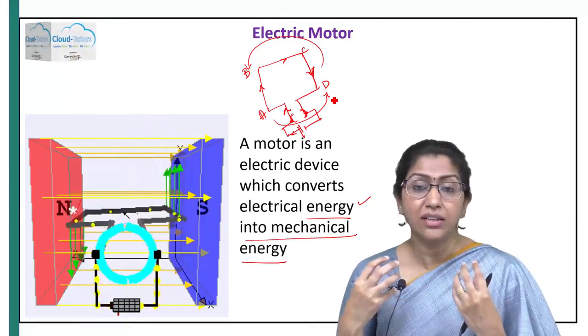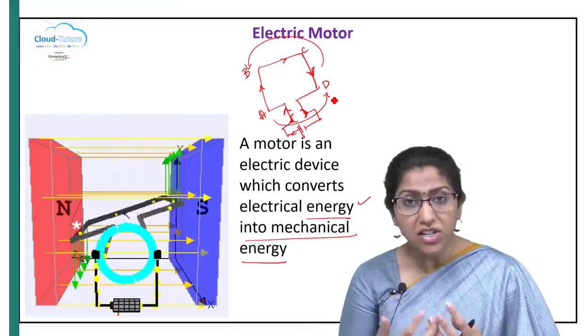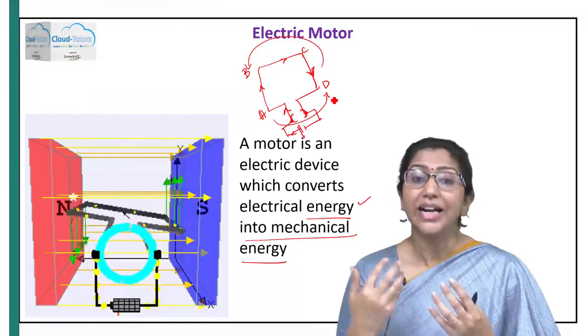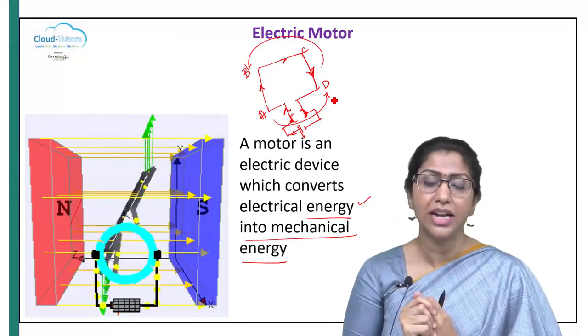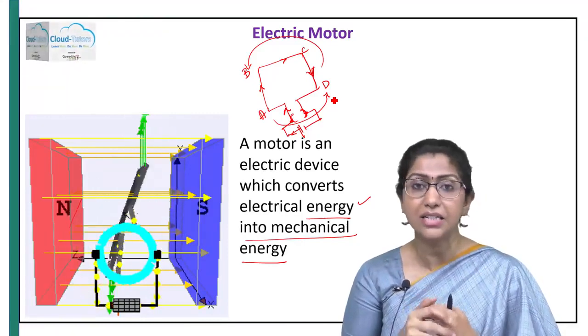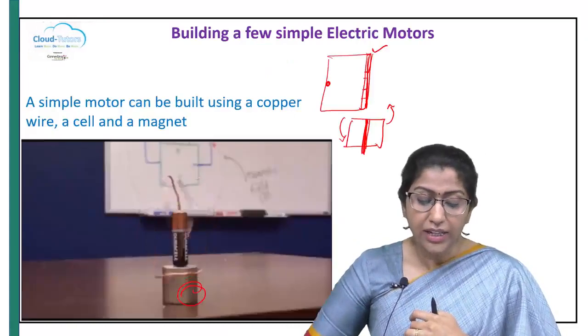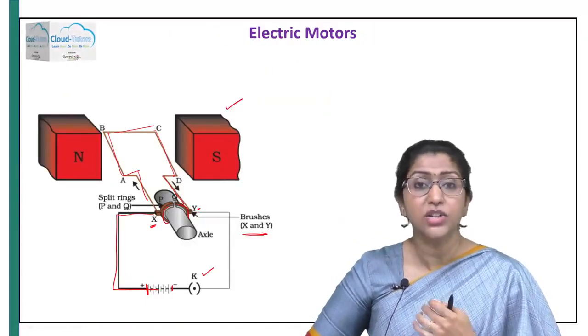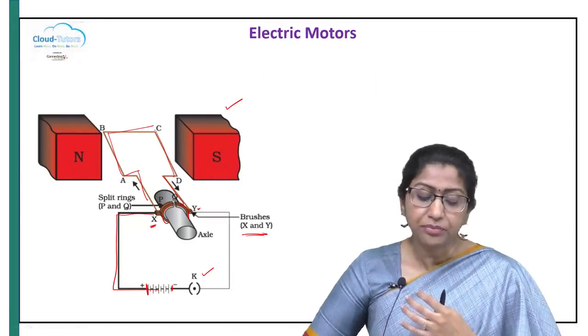When we think about an electric motor, where electrical energy is converted into mechanical energy, we can think about n number of household electrical appliances that we use day in and day out. Let's look at these electrical appliances which we use in our life.